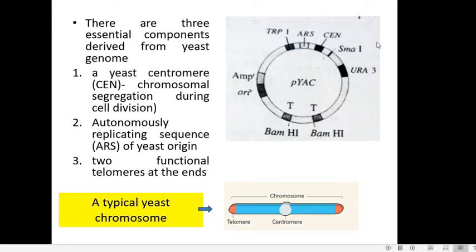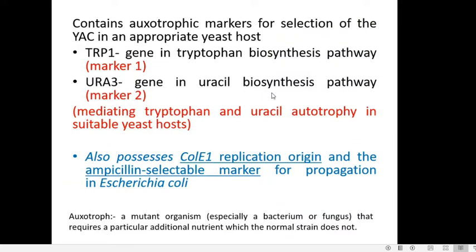When this vector enters your mutant host cell, the vector has TRP1, so the host cell will now get the ability to synthesize tryptophan on its own. So it will grow in that medium. Now you can distinguish between a normal, untransformed cell and a transformed cell.